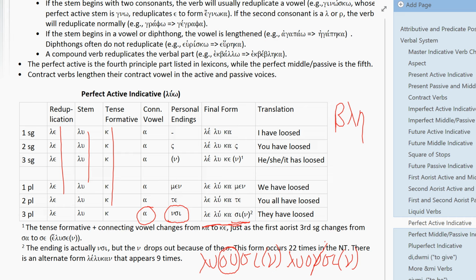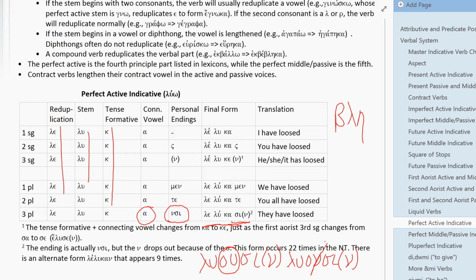So I'm just making up an example off the top of my head, but often a present tense English translation will do better to emphasize the state of the event rather than something like I have loosed, which throws you back into the past to point to an event that happened previously. But in any case, however you handle the translation, this is an okay default translation for learning it.